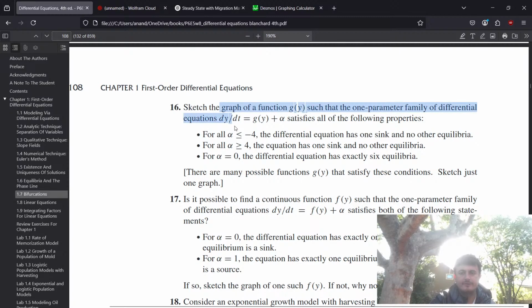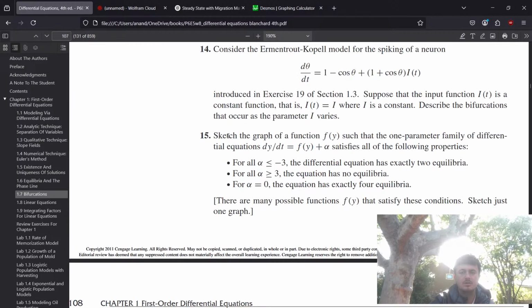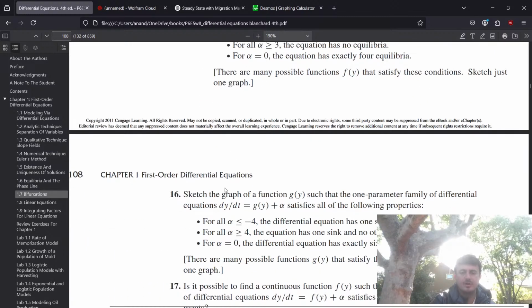Sketch the graph of a function. Okay, so that's a category of problem: sketch something.